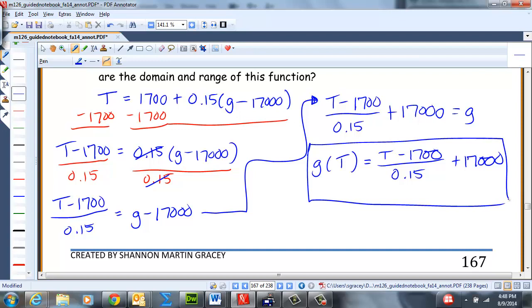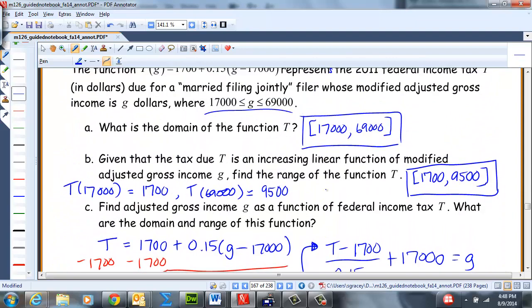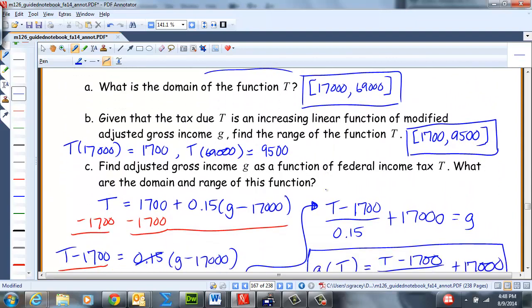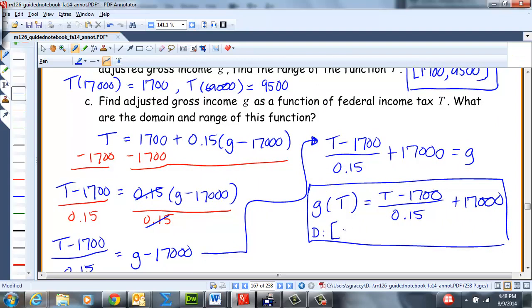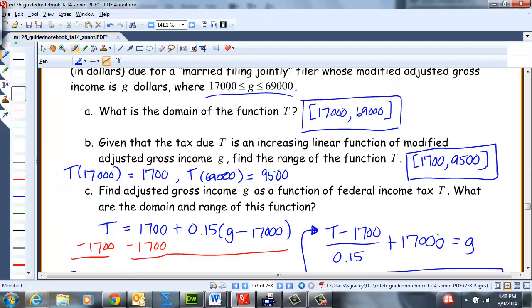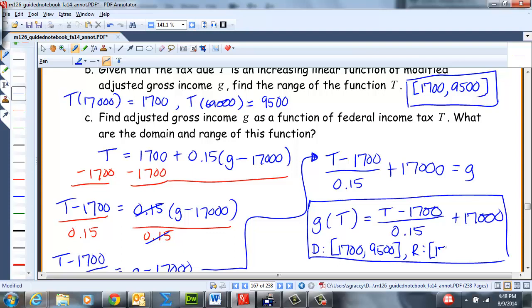And you're done. All right, so domain and range. The domain is going to be real easy. You got it, the range of the original function, 1700 to 9500. And the range is going to be, good, the domain of the original function, which was from 17,000 to 69,000.